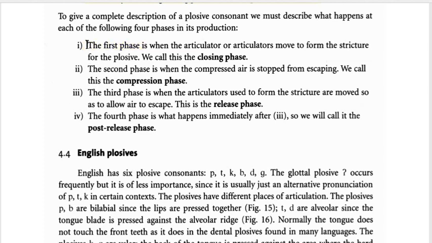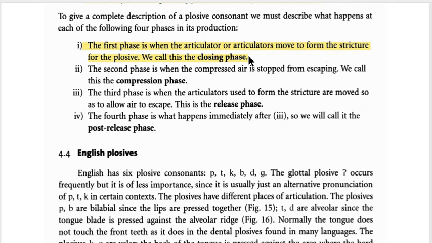The first phase, when the articulator or articulators move to form the closure for the plosive, we call the closing phase. As we discussed, we move the articulators against each other, like for example the lips.